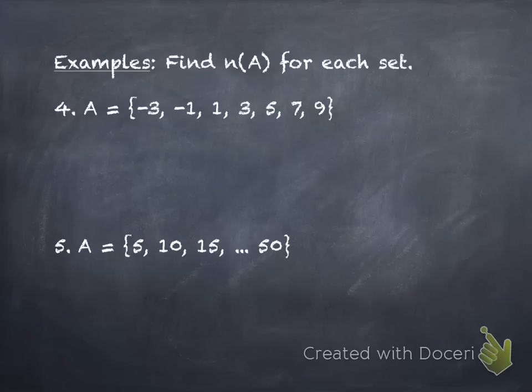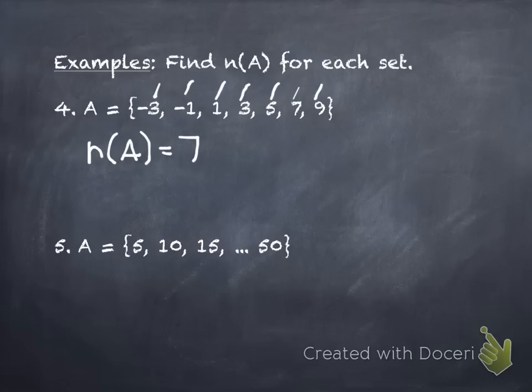If you take a look at problem number 4, and we're asked to find N of A, the number of elements in set A, we can sit here and count them. We count 1, 2, 3, 4, 5, 6, 7. There are 7 elements in set A.